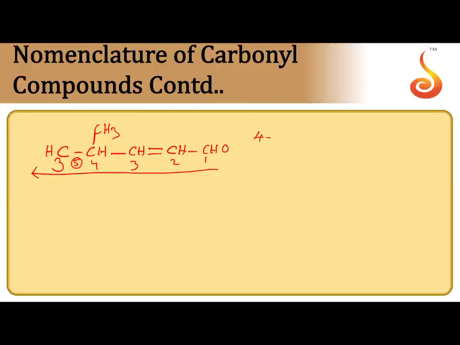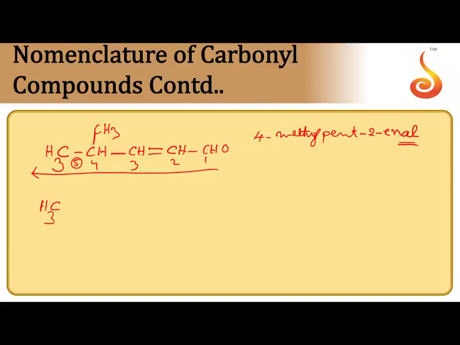At fourth position methyl branch is there, substituent 4-methyl. Root word is pent, primary suffix is ene at second carbon, 2-ene. 1-al you need not mention, just al is enough. That is understood whenever al is there, that is at first carbon.